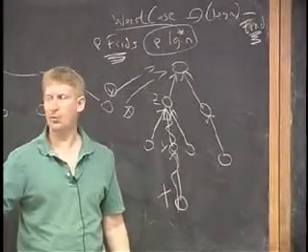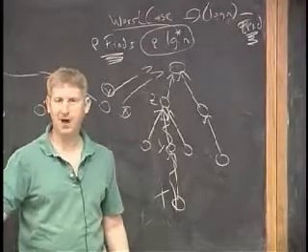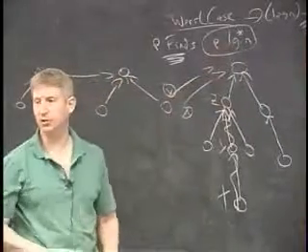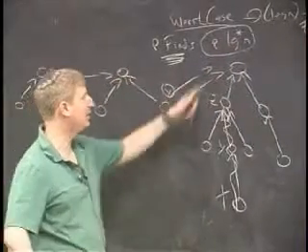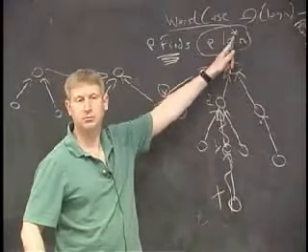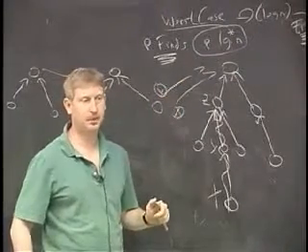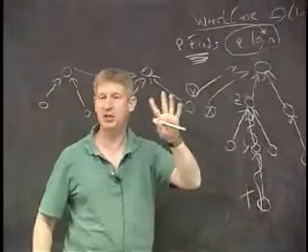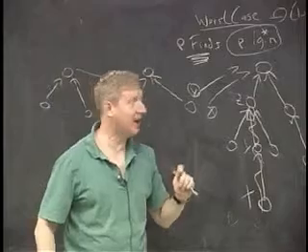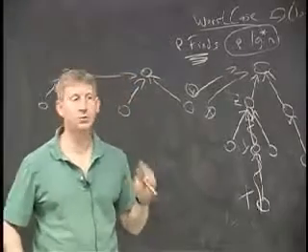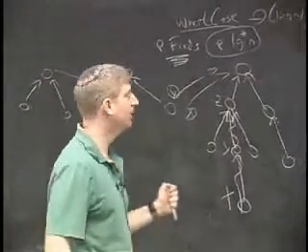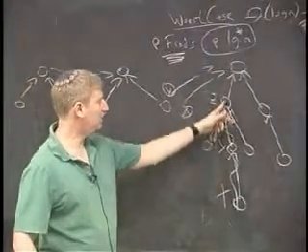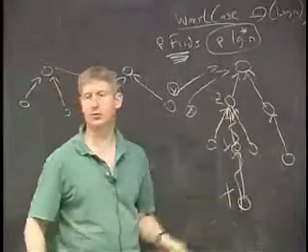Log star of any normal number in the universe is 5 or less. So it's an incredibly slow-growing function. You can put any size graph in the universe in here, and this would be 5 steps at the worst. So over the long run, if you do p finds, they're really taking 5 steps each at the most, not log n. That's a really cool result. And all you have to do to get that nice result is take these vertices as you go up and point them to the root.